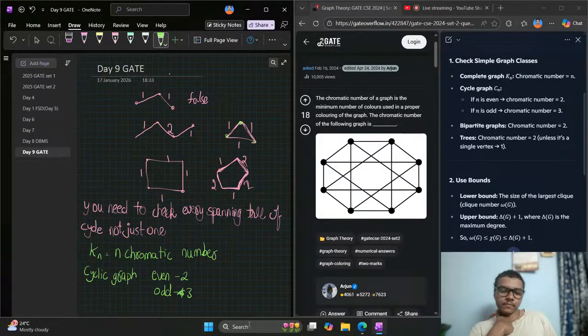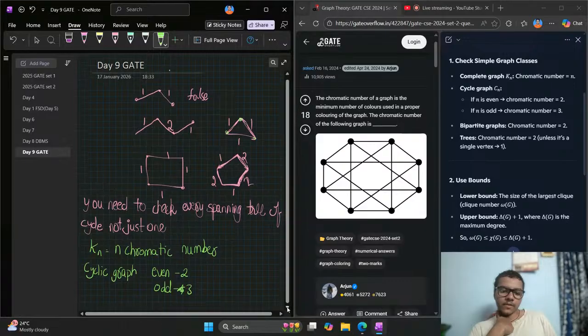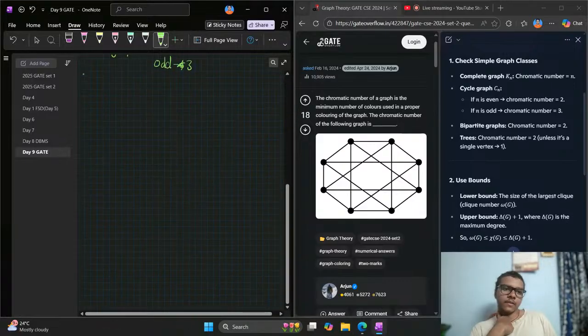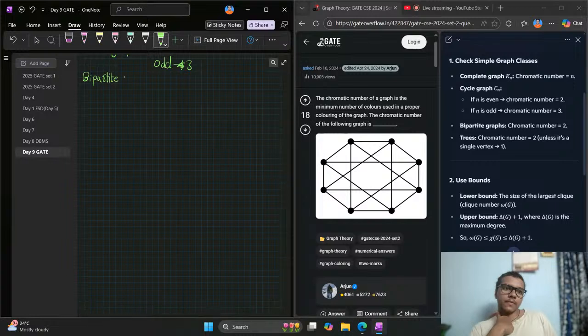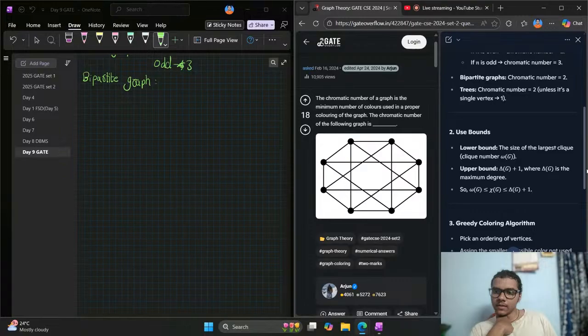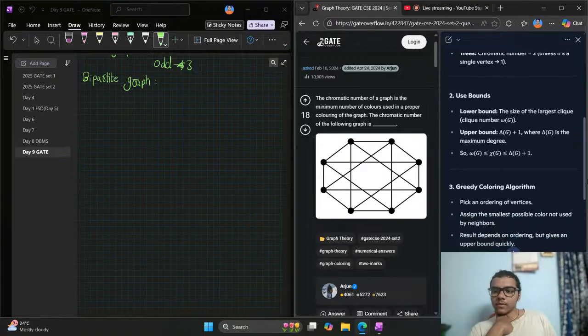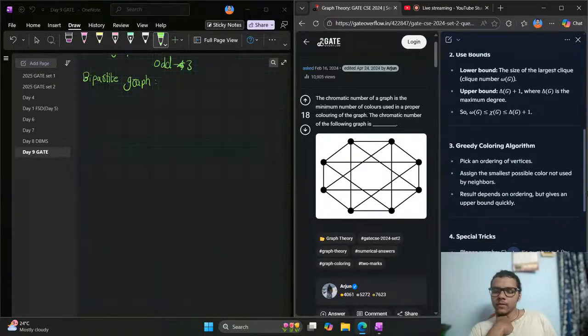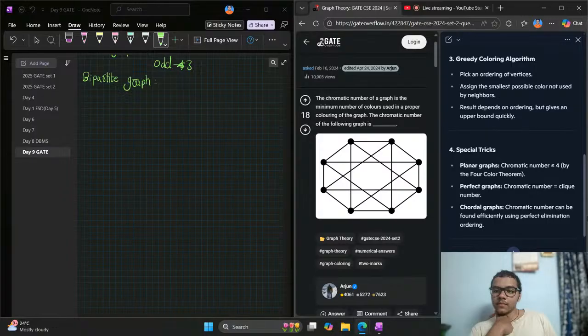And bipartite graph, this is actually important. Bipartite. Use bounds, the size of the largest clique. Okay. Greedy coloring and special tricks.